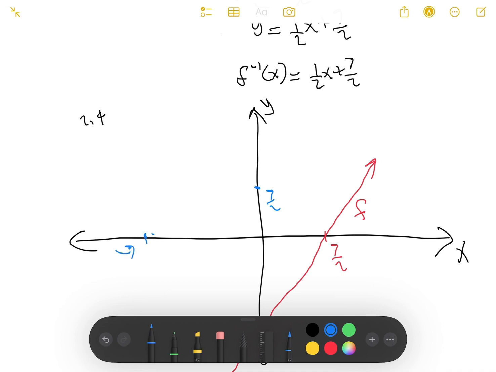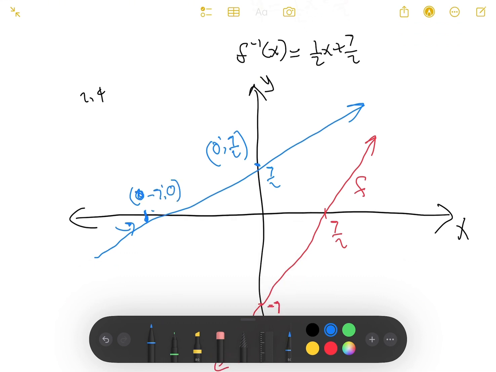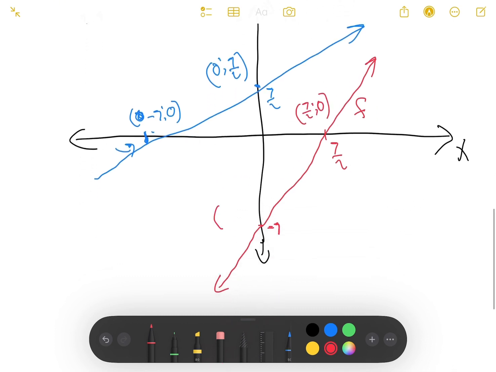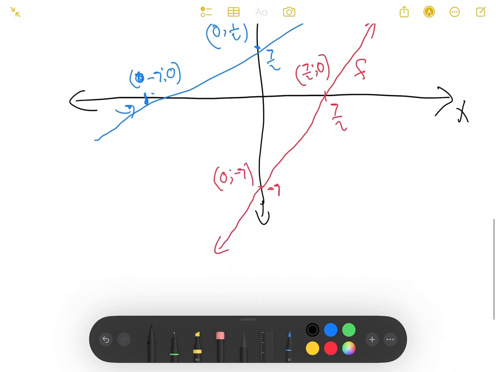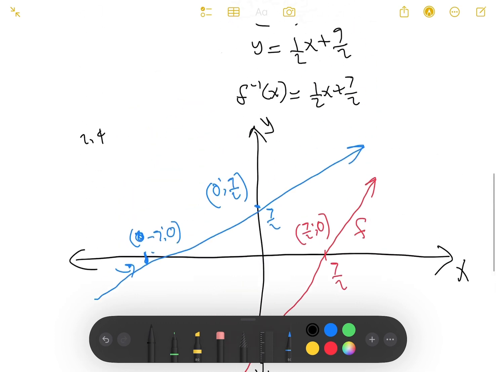So this one is a graph that looks like this, passing through here. So this is our point 0, 7 over 2, and sorry, -7, 0. Here we have 7 over 2, 0. And here we have 0, -7. So that is the sketch. Okay, and then 2.5.